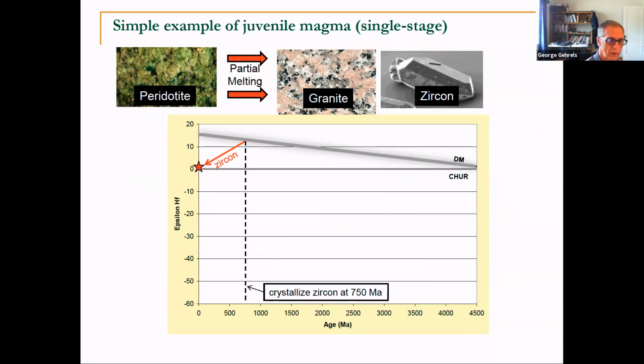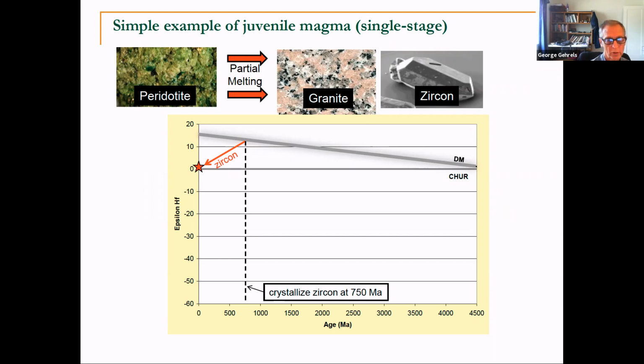Now let's have a melting event, and we'll say that maybe 750 million years ago, we had some kind of a continental collision or subduction magmatism. We started to melt some of that peridotite in the mantle, and we made a granite 750 million years ago. That red line then shows how that zircon is going to evolve through time from that magma 750 million years ago.